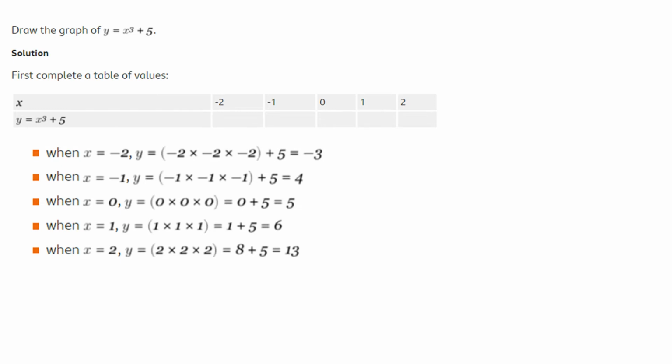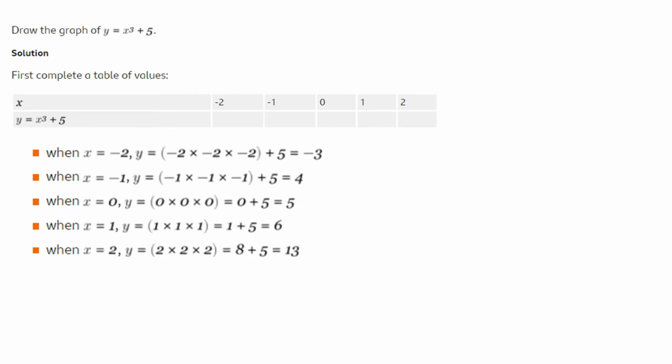Now when you are multiplying 3 negative numbers, you will end up with a negative answer, because a negative times a negative is a positive, and a positive times a negative is a negative. So you will end up with negative 8 plus 5, which is going to give you minus 3.